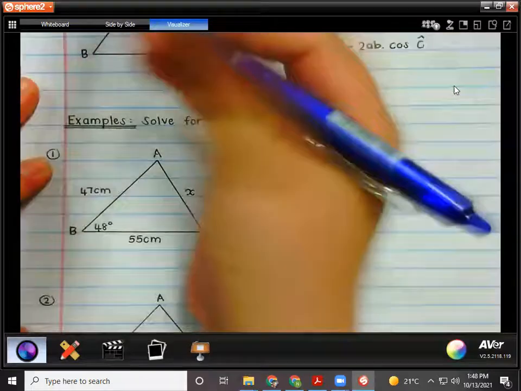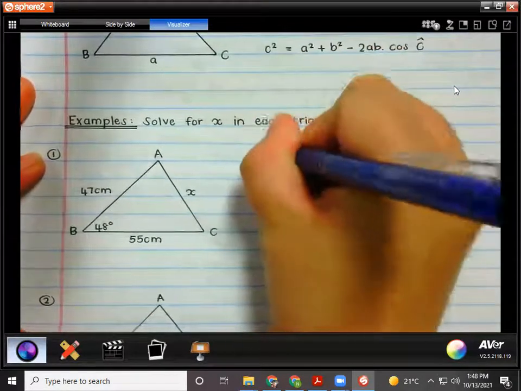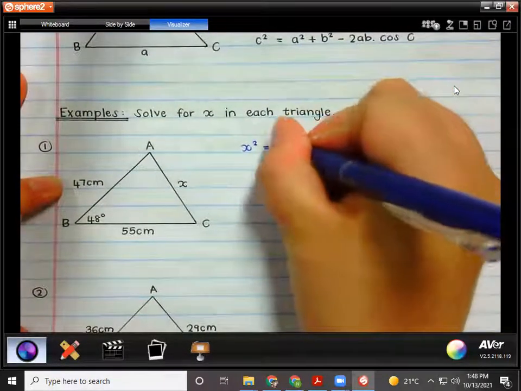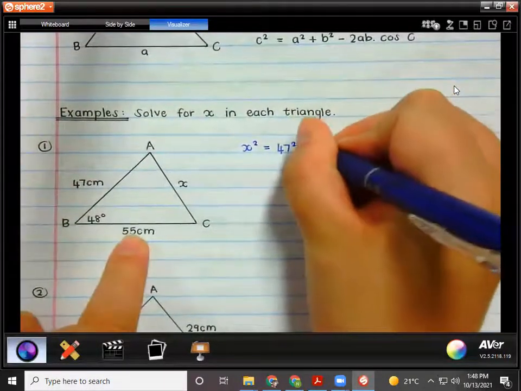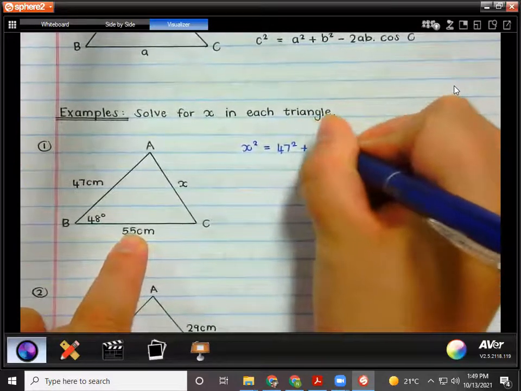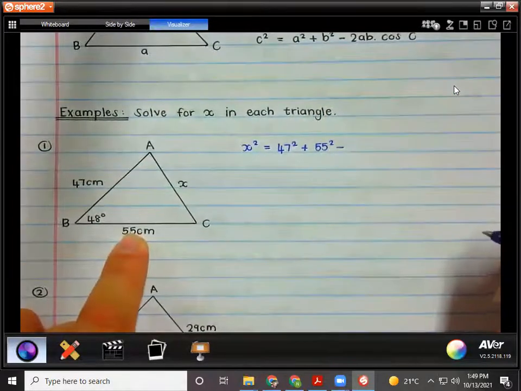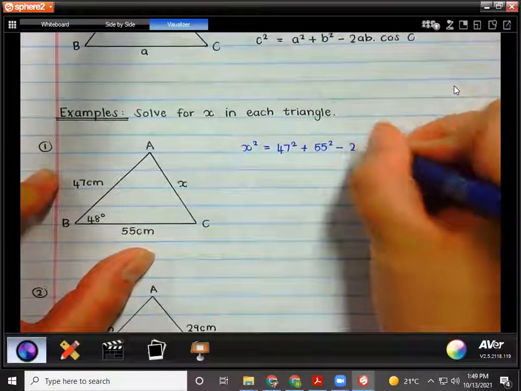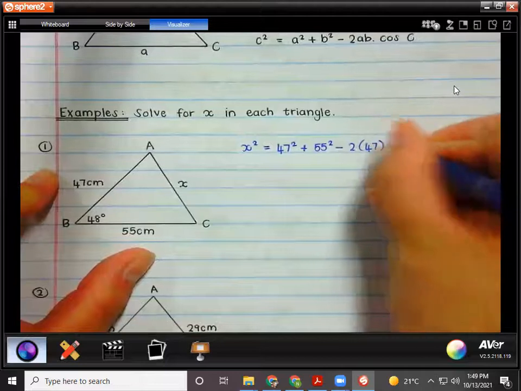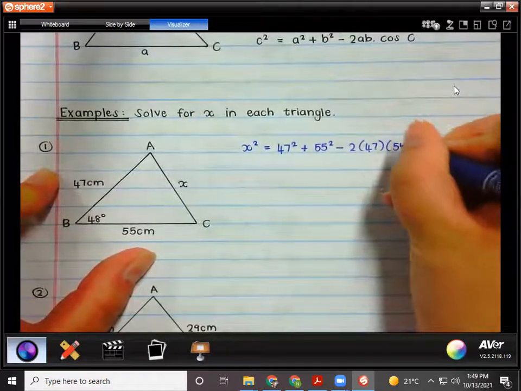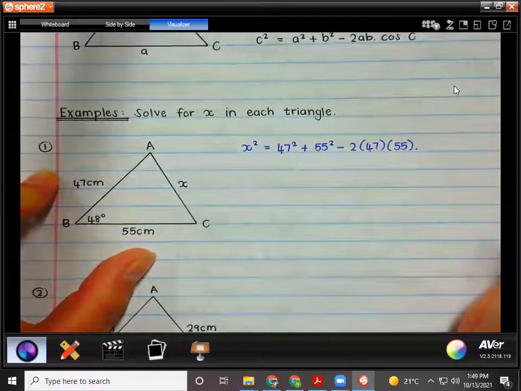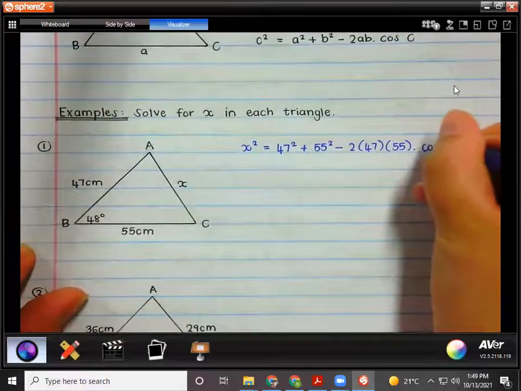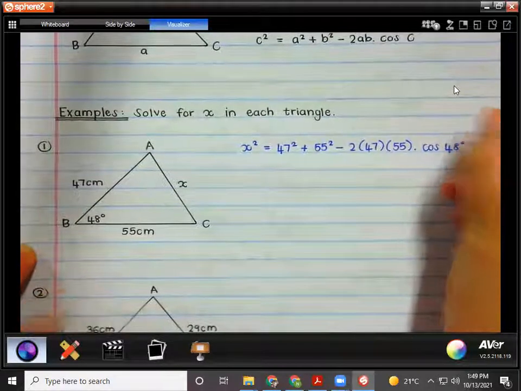So we're going to say x squared is equal to 47 squared plus 55 squared minus 2 times the product of these two sides, so minus 2 times 47 times 55, but then we still multiply that product by cos of the included angle, so cos of 48.